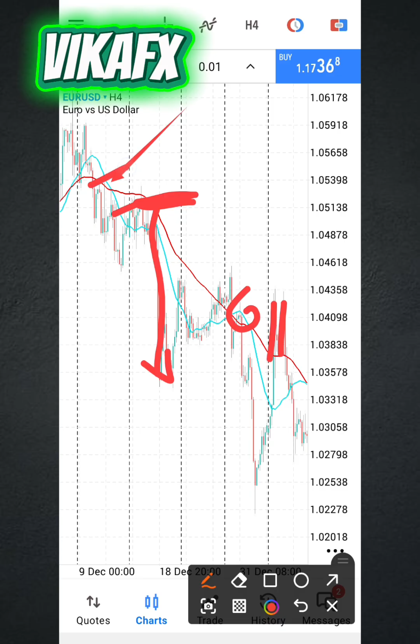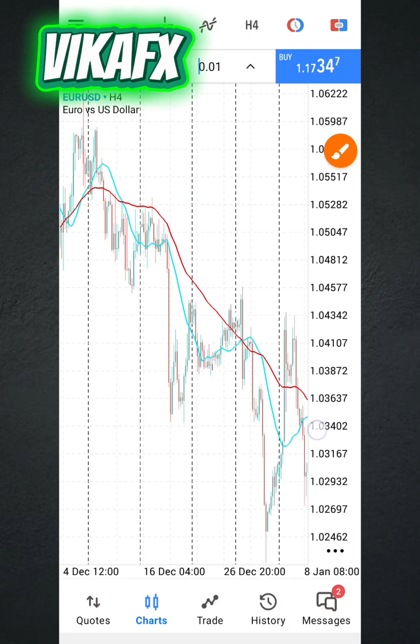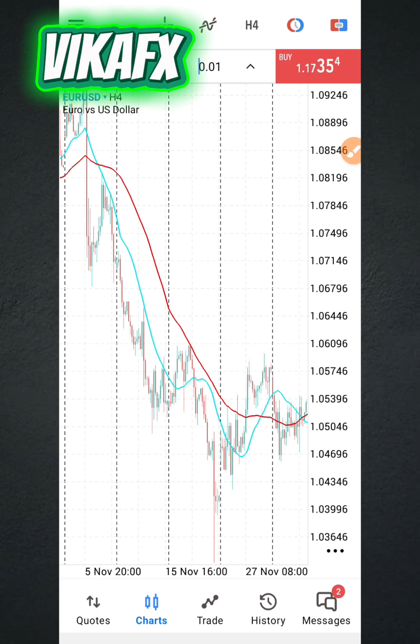See all the candles here, how they rejected price and then gave us a clear sell signal before we enter. So you have to wait for price to make a crossover, then touch or pass the moving average and reject it, before you can take your entry.